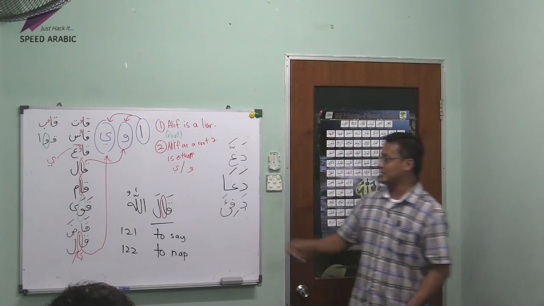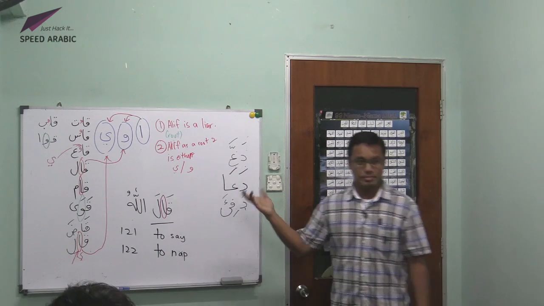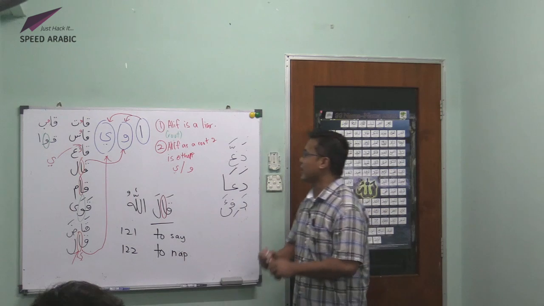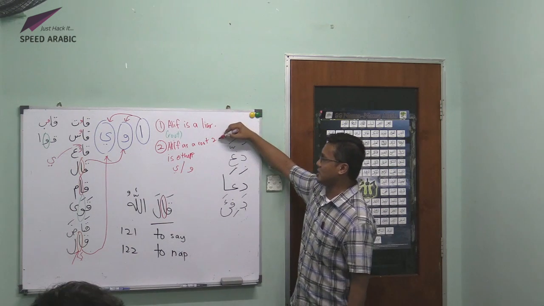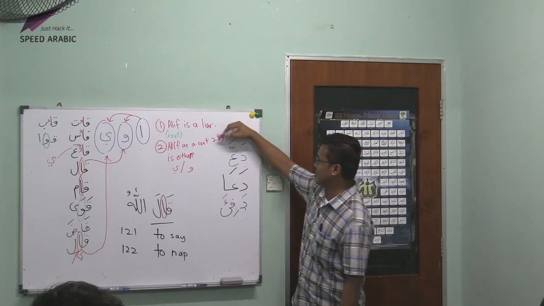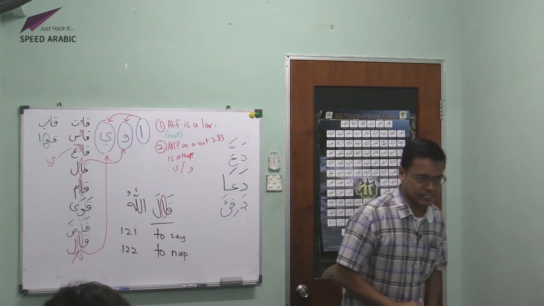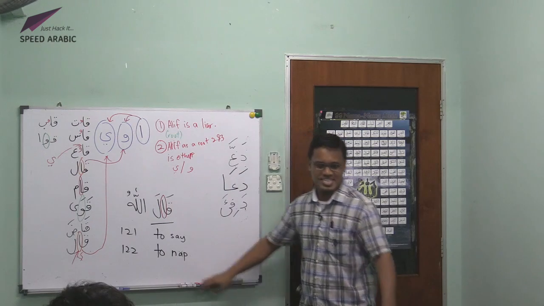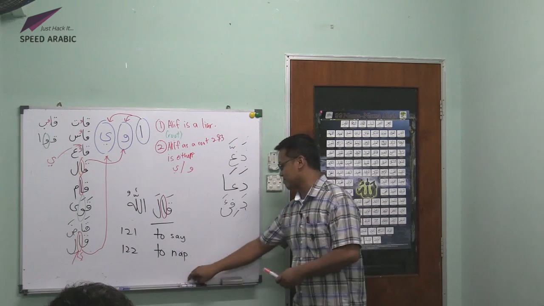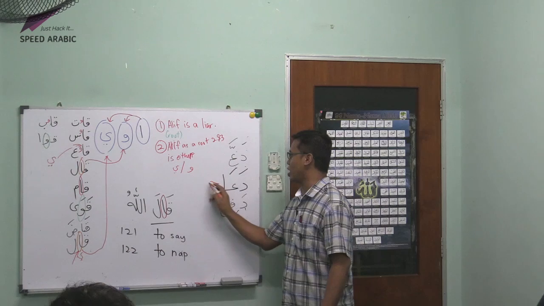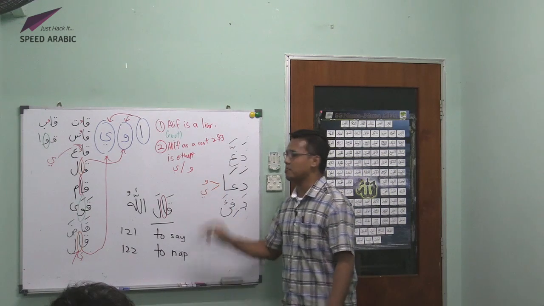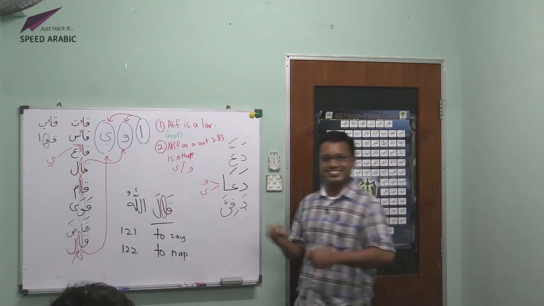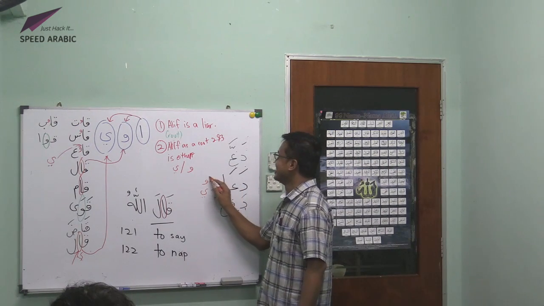Can you see an alif here? Alif as root number 3 also is a liar, which means this alif is either waw or ya. Make a guess. Is it waw or ya? Waw. Today everything is waw.